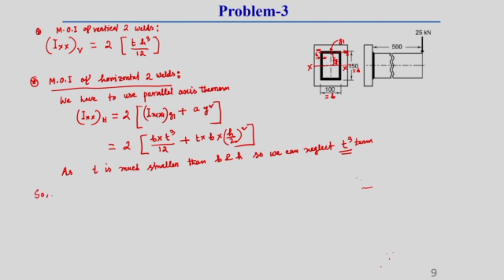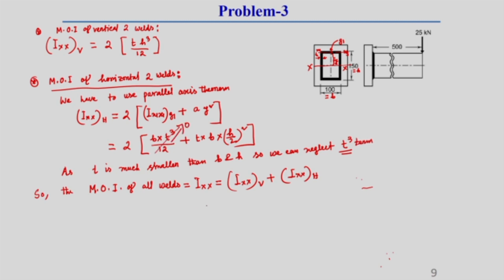So, the moment of inertia of all welds, let us say Ixx here, will be equal to Ixx of the vertical plus Ixx of the horizontal component. Here we are neglecting this T cube term.